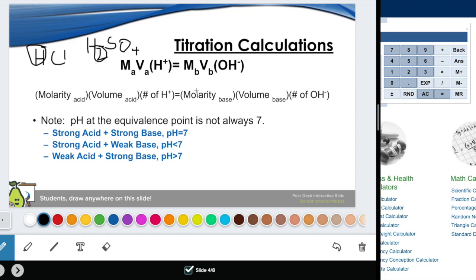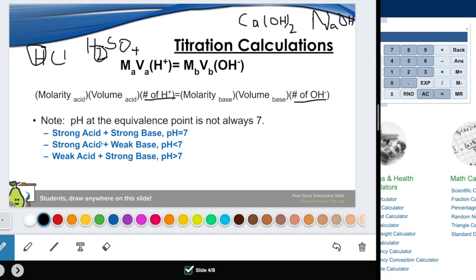Then we have our molarity of our base times the volume of our base equals our number of OHs. This is very similar. We can have something like calcium hydroxide. Calcium hydroxide has two OH ions, whereas NaOH, sodium hydroxide, only has one. And so that's when the numbers here would change, when you have a different number of H's or OH's in your equation.